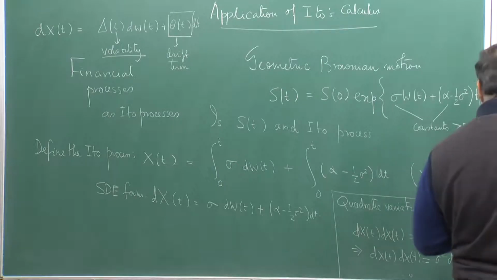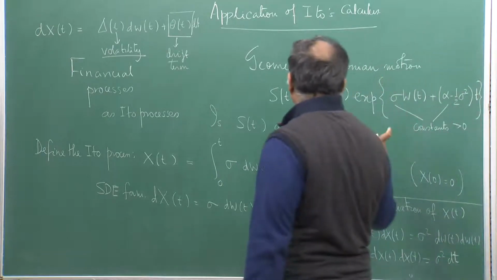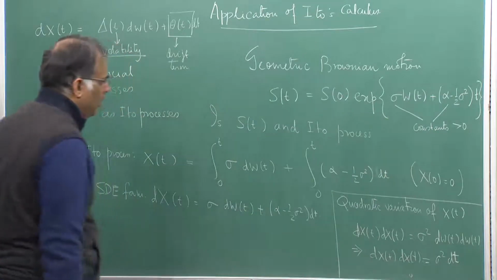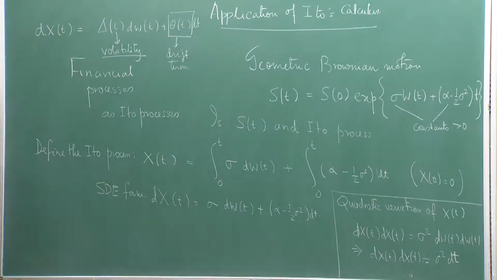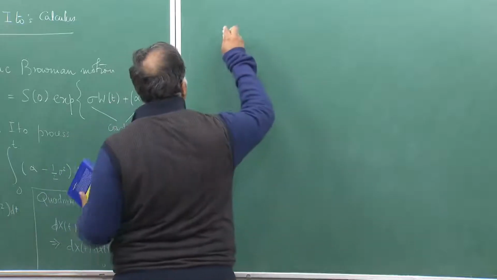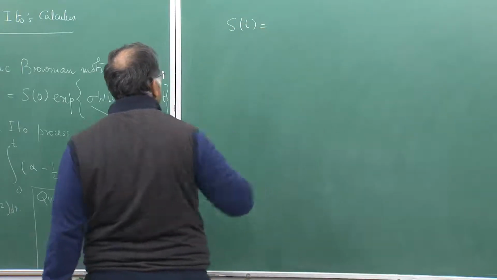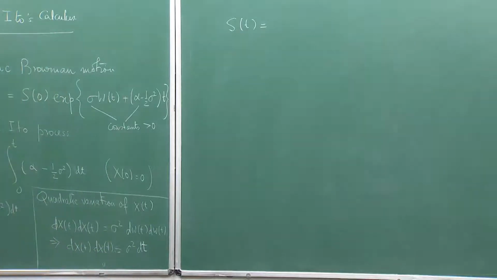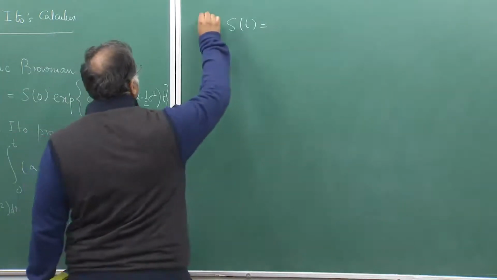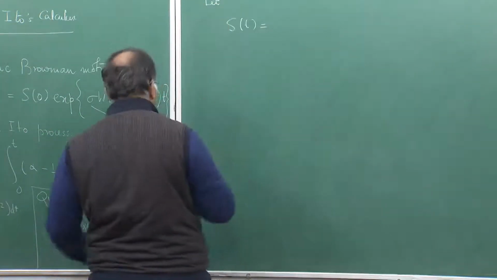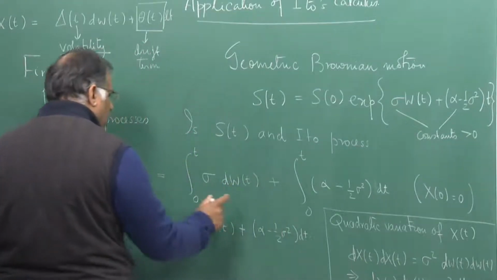Now, how do I look at my asset price? Look at an asset price S_t. Suppose I define the asset price, as we have written it in this form.